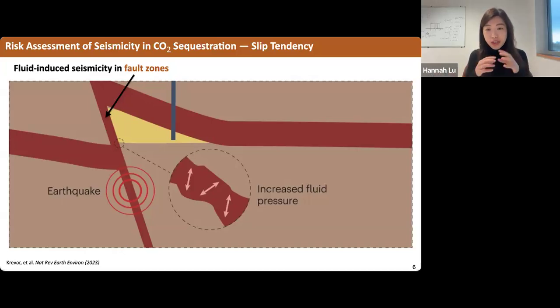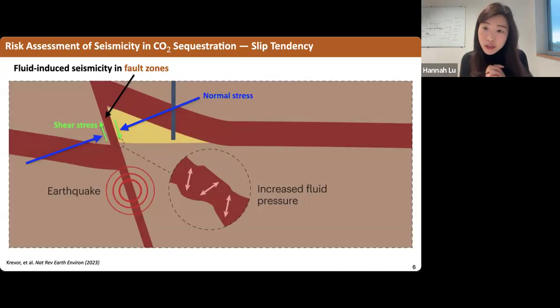With pressure building up during CO2 injection, volumetric expansions bring geomechanical changes that may induce seismicity in critical zones. And these geomechanical changes are reflected in changes of shear stress and normal stress in fault zones.